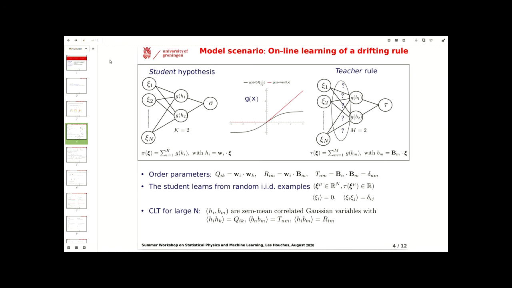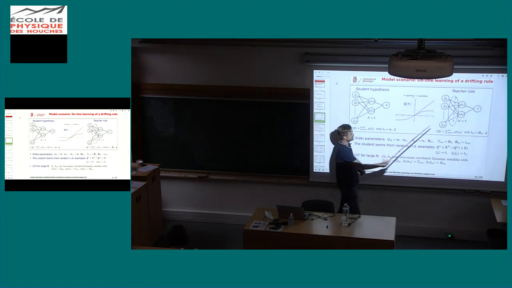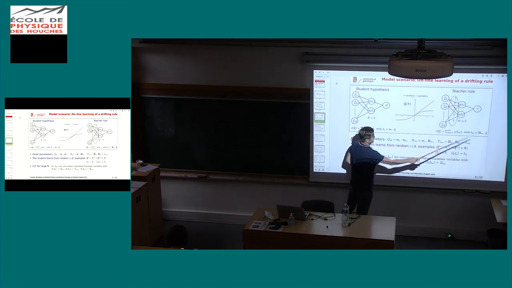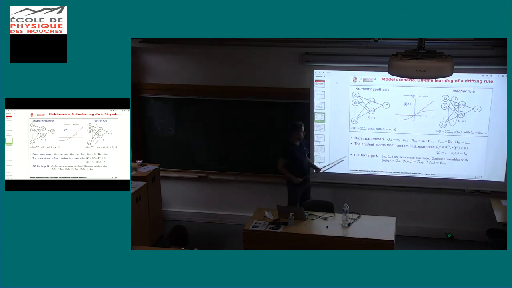So we model this in the student-teacher setup. This has already been introduced, but the teacher is a model that gives the correct output for all possible inputs. This is a regression problem. So the teacher is a soft committee machine of which the output is simply the sum of the hidden units, and we call the weight vectors P. And the student is the model that learns from the data.